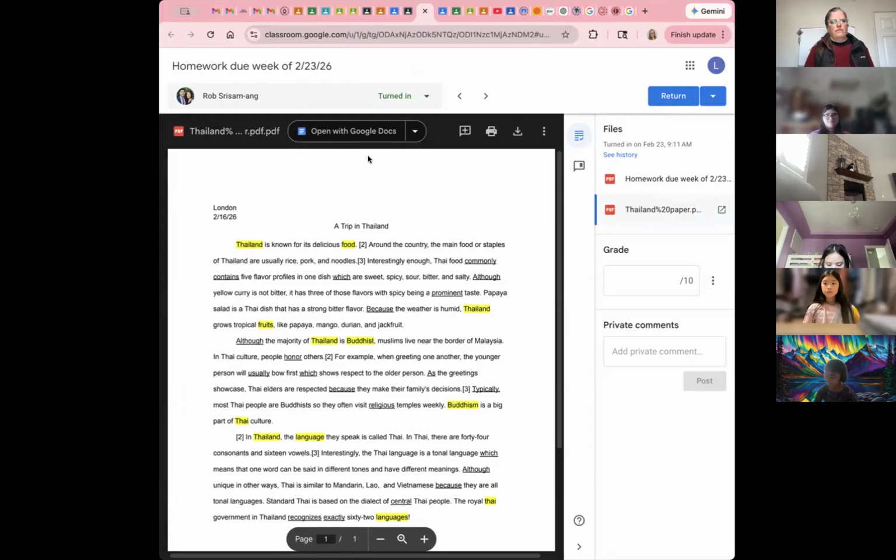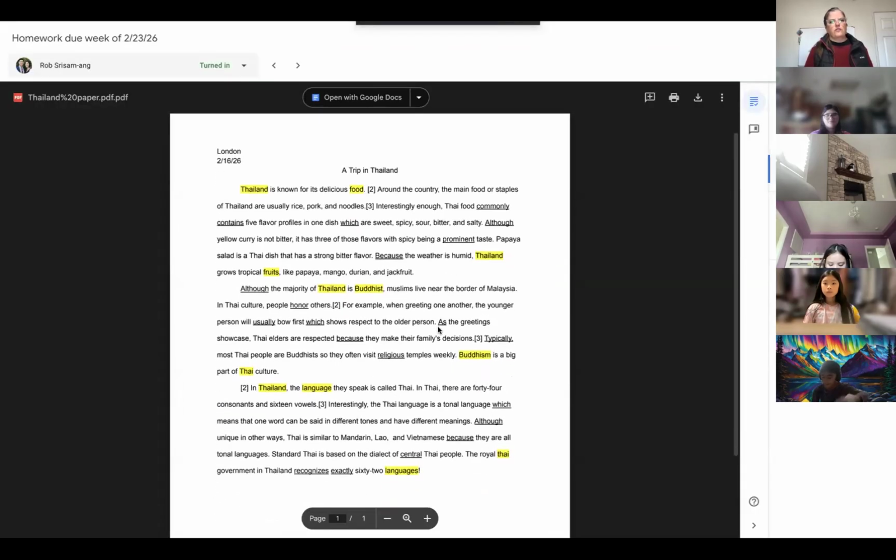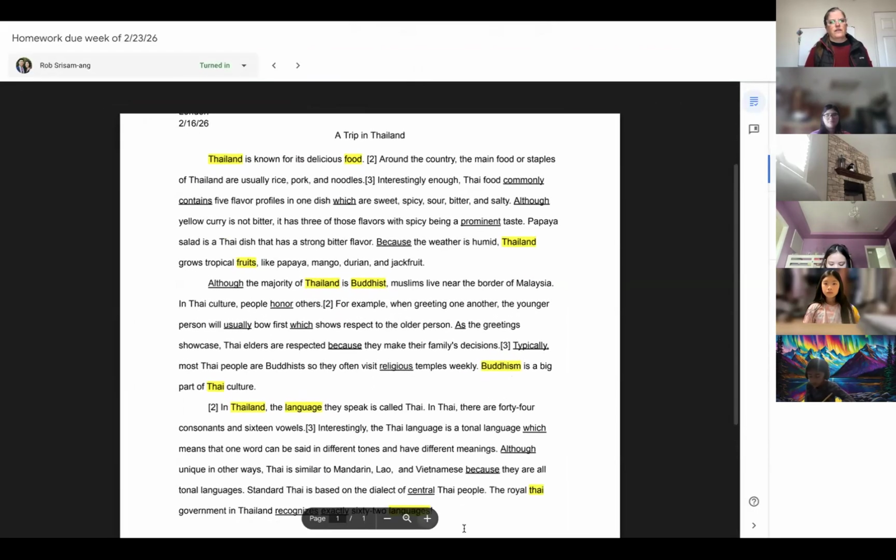Okay. London wrote about Thailand. A trip in Thailand. Thailand is known for its delicious food. Around the country, the main food or staples of Thailand are usually rice, pork, and noodles.